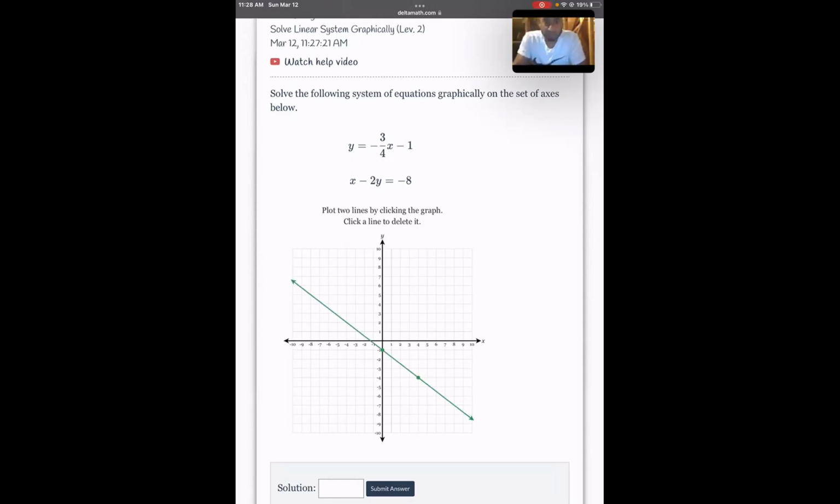Okay, second one. We have to solve that for y. So -2y equals -x minus 8. Then we divide by -2. So half x plus 4. Where's your first dot? No, we're talking about the second one. When you solve it for y, it equals half x plus 4.